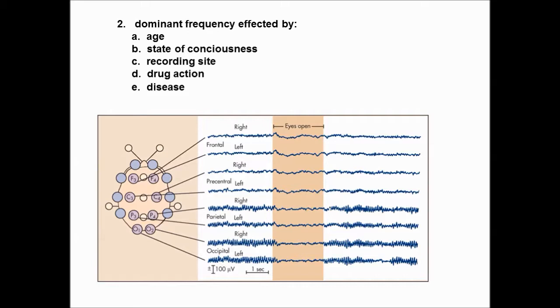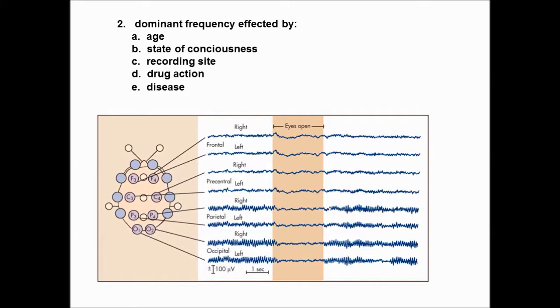We can get what we call evoked potential changes by recording over the occipital lobe or the visual cortex, for example. Drugs definitely can affect the frequency of the wave pattern. Most notably, anesthetics can really slow down the wave pattern, and definitely different neural diseases can affect, and especially use of drugs can affect these wave patterns.